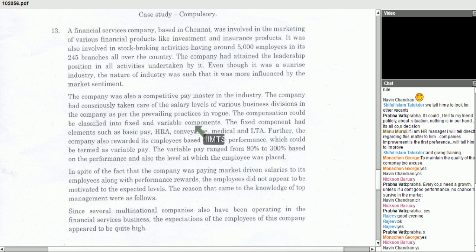The pay could be classified into fixed and variable components. The fixed component had elements such as the basic pay, the HRA. HRA means house rent allowance, conveyance charge, which includes petrol or diesel charge, medical, and LTA.